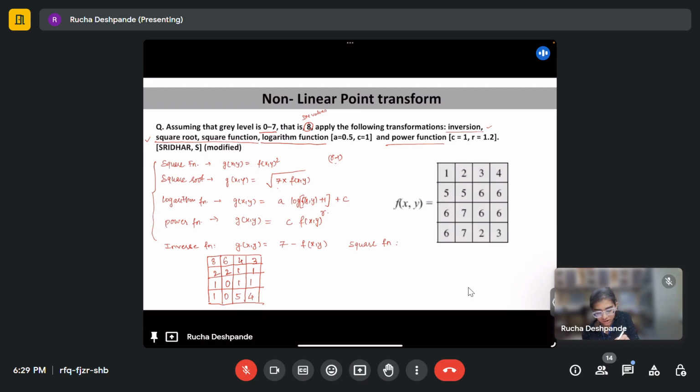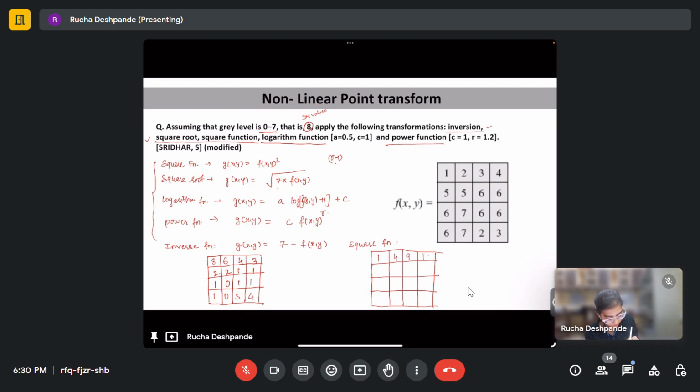For the square function, this is f of x comma y squared. So the values here will be 1, 4, 9.